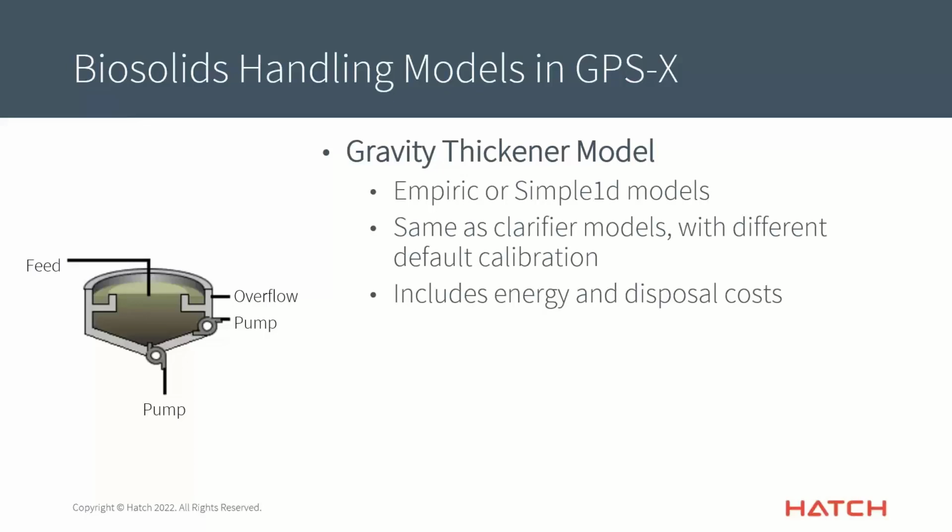So in our gravity thickener model here, this is either an empiric model where you specify the percent capture, or it's the simple 1D model, which is the full 10-layer settler model, but with a different default settling calibration because it's sludge and you're doing thickening. It basically includes energy and disposal costs, as many of these objects do.